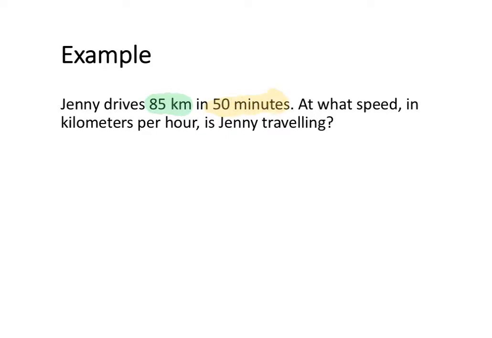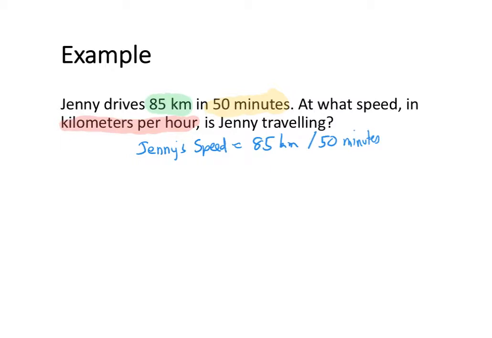Now the other key piece of information in here is that the rate needs to be kilometers per hour. So based on the information in the question, I'll write the rate. So Jenny's speed, she's traveling at 85 kilometers per 50 minutes.